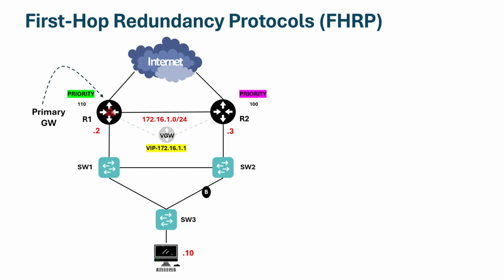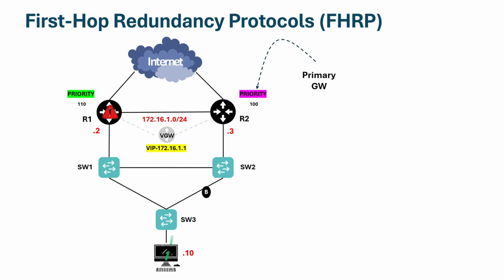Now, when R1 fails due to any reason, like the link being down between R1 and switch 1, or R1 has rebooted, or the router is faulty, FHRP will switch over, and the traffic which was going via R1 will be switched over to R2.